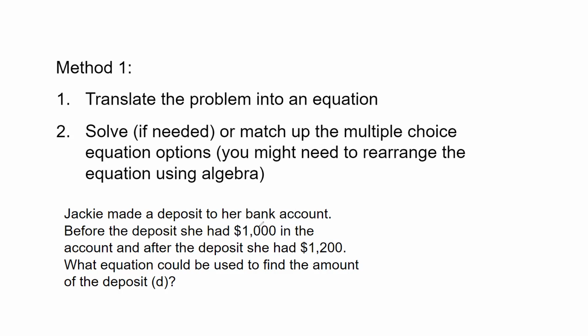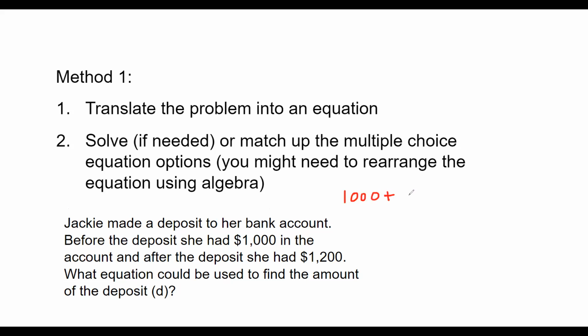So in this situation, we might come up with the equation that we started with $1,000 and we added our deposit D, and that then equaled the $1,200. And that's a correct equation, but there are different versions of this equation that you might have come up with.